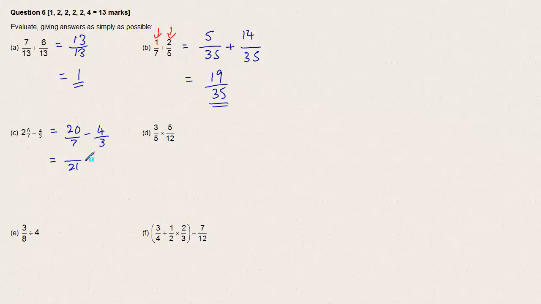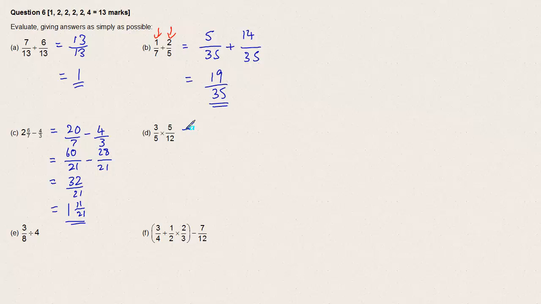Common denominator of 21. 7 was multiplied by 3, so this is going to become 60. 3 multiplied by 7, so this one will become 28. So that's 32, 60 take away 28, over 21, which is 1, and that would leave us a remainder of 11 to go over the 21.